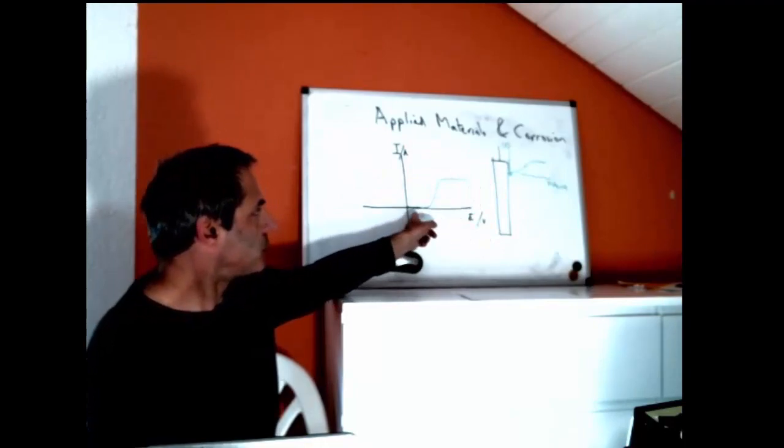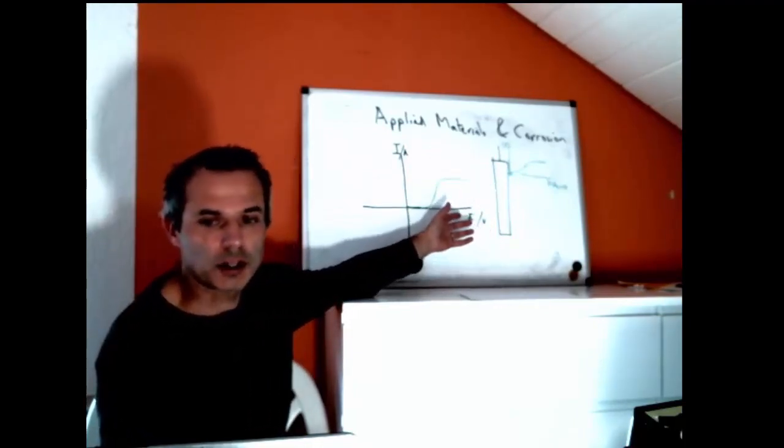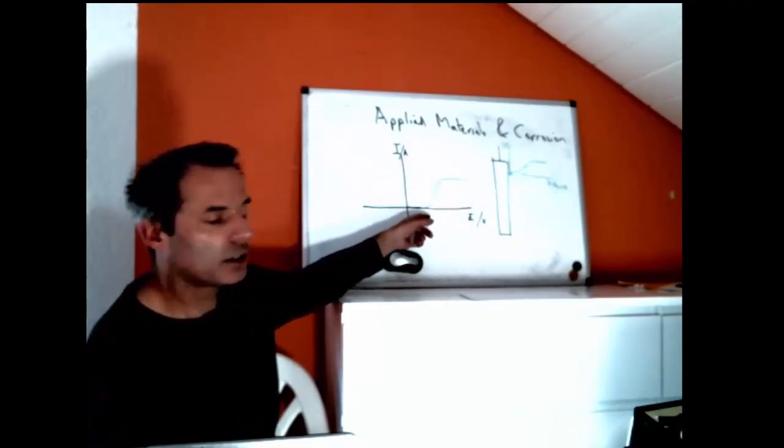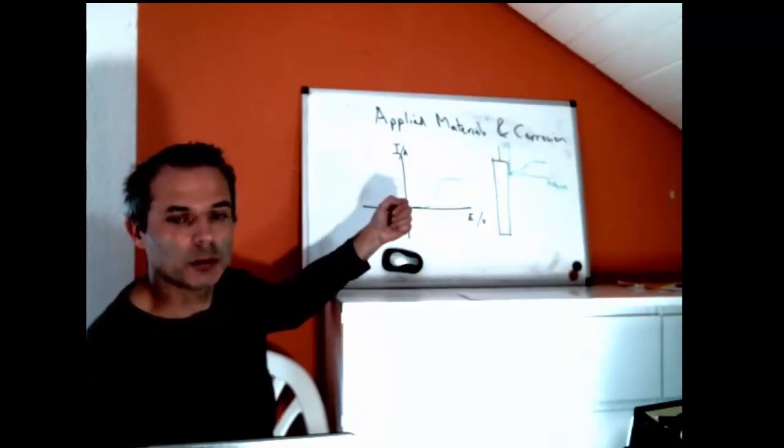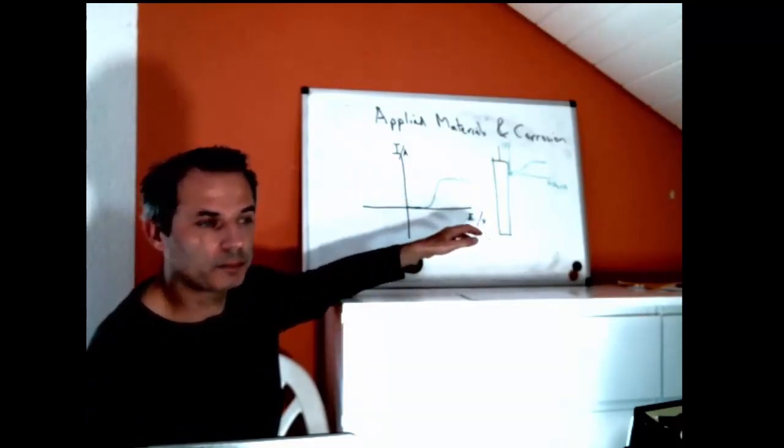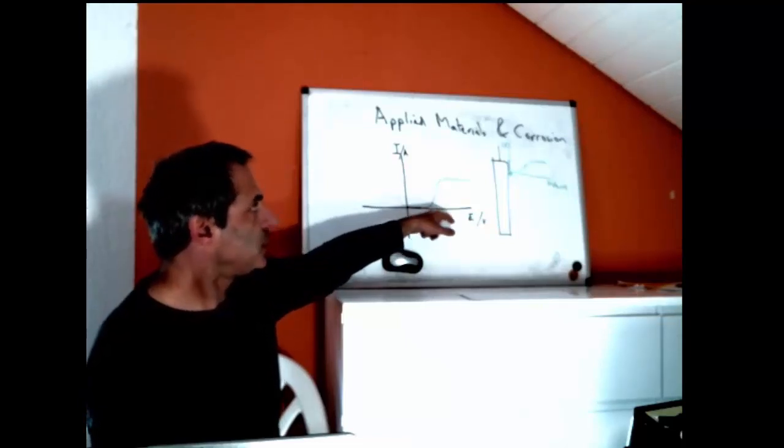So if we make the electrode positive in this case, maybe we've got a negative ion we're going to react. The negative ion is going to come to the positive electrode, give it some electrons. That's our current.